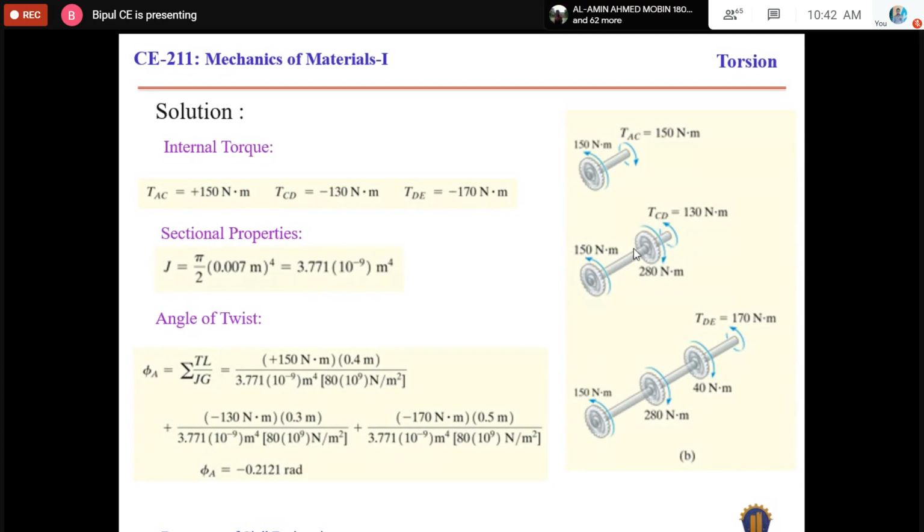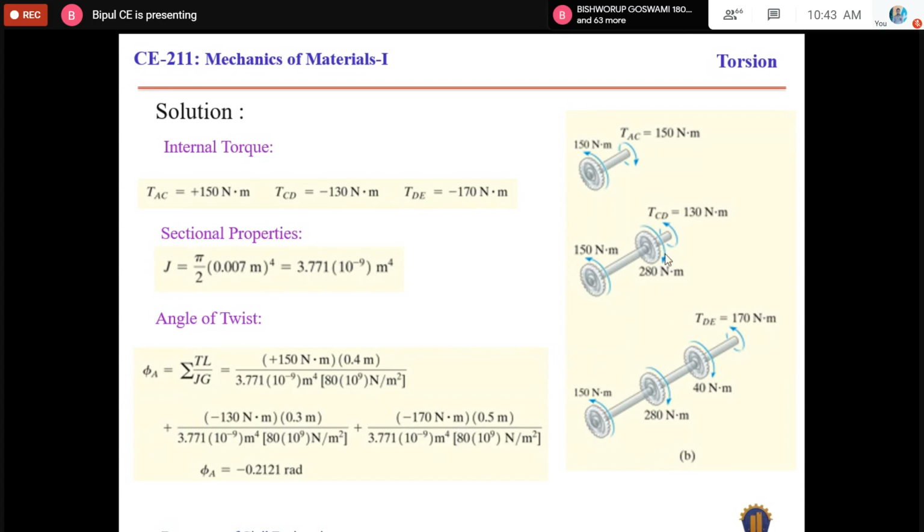The applied torque is 150 anti-clockwise and 280 clockwise, and the developed torque within length CD is designated by TCD. If we apply the equilibrium condition again, the developed torque within length CD will be minus 130, because this one is positive according to the thumb rule. This one is positive, that one is negative.